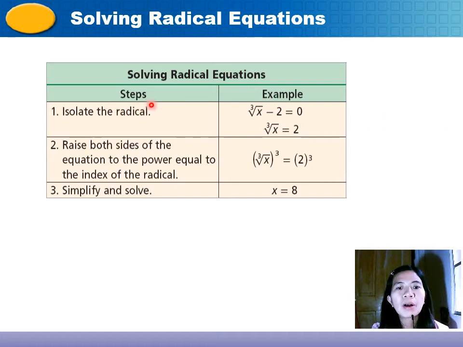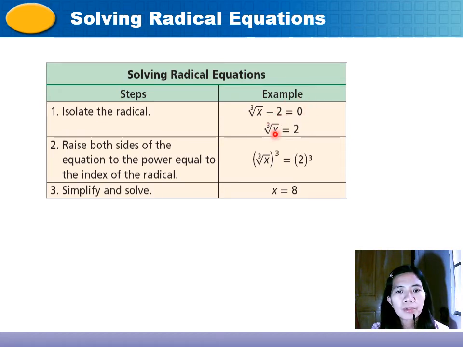Here are the steps in solving radical equations. The first step is to isolate the radical. For example, here we have the cube root of x minus 2 equals 0. We isolate this by getting the additive inverse of negative 2, which is positive 2.